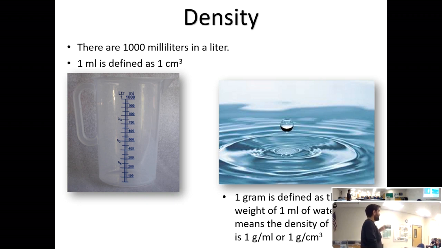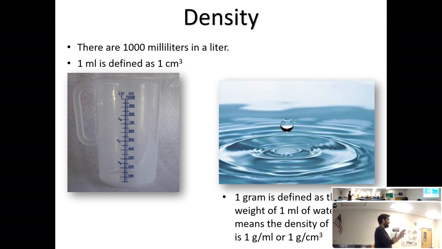So you're going to see density expressed in all these different ways: 1 gram per cc, 1 gram per cubic centimeter, cm with a 3 exponent, and 1 gram per milliliter. It all means the same thing. Is that clear? Because a milliliter is a cm cubed is a cc. Everybody follow that? Does that make sense?